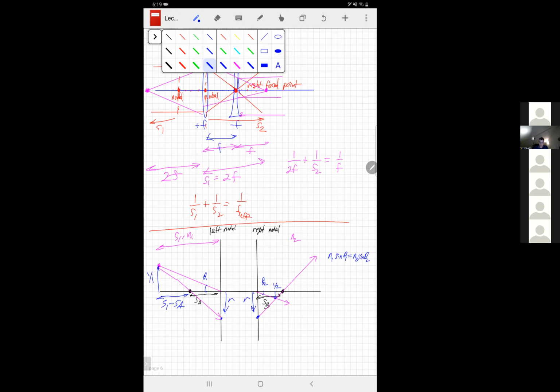All right, so now we just have to do some trig, and we know that this distance is SB, and this distance is S2. And we know that this is SB minus S2.